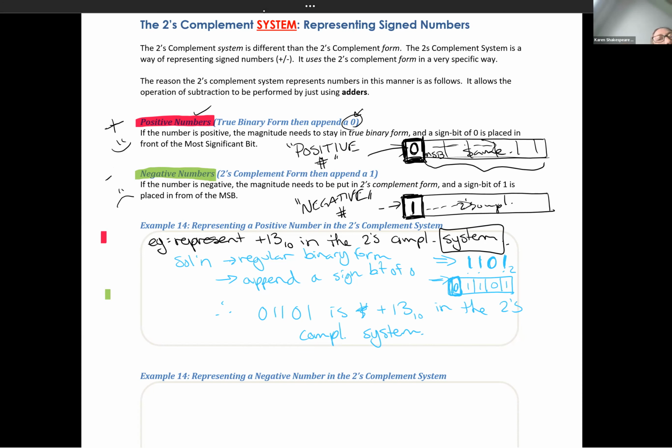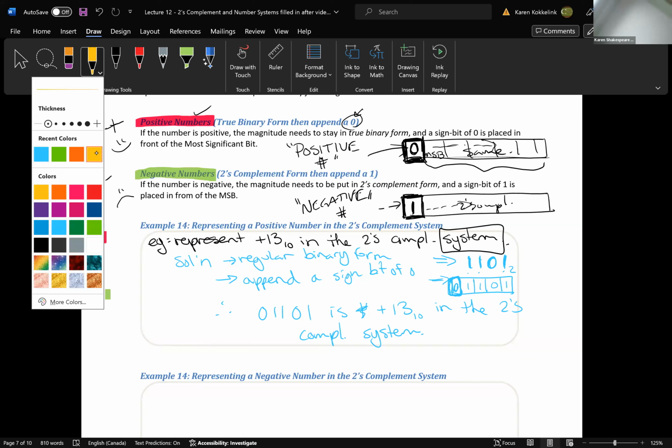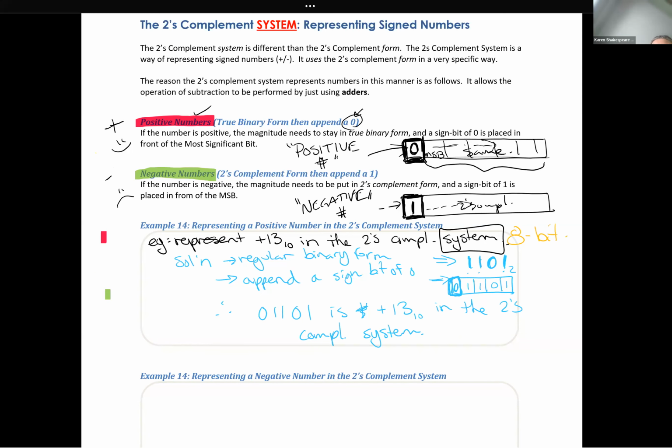But wait, there's more. What if I told you that I wanted it to be, say, an 8-bit 2's complement system? Then I would actually have to say, okay, well, there's 1-bit, 2-bit, 3-bit, 4-bit, 5-bit, 6-bit, 7-bit, 8-bit, right? I need 1, 2, 3, 4, 5, 6, 7, 8. I don't need this one.